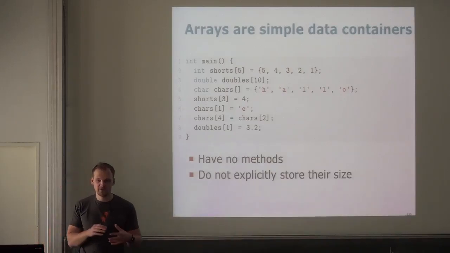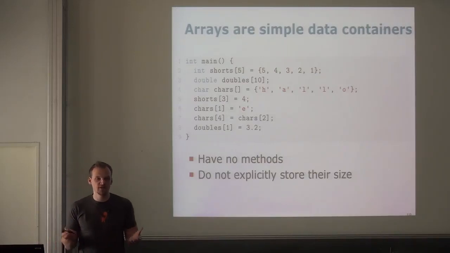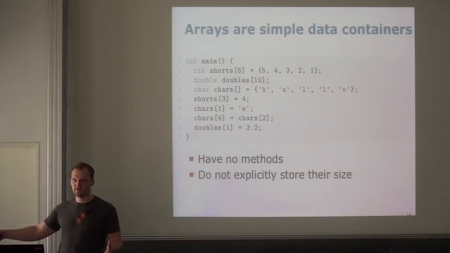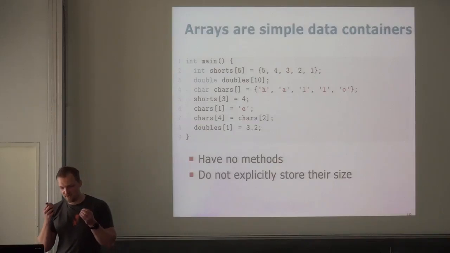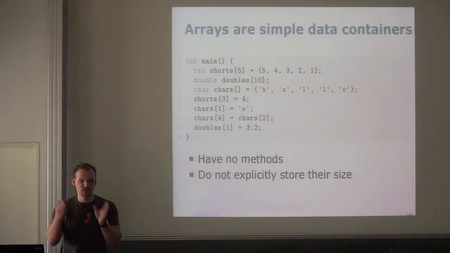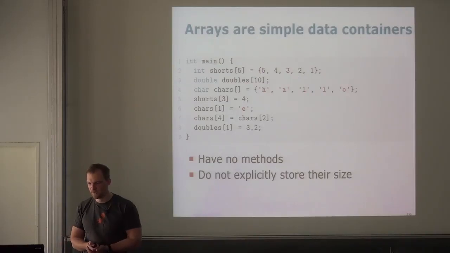If you want to pass them to a function, there is no way of knowing in the function what's the size of the array that you're passing. And you can read any memory that you want, and this is dangerous, so don't use them, but still understand that it's just some variables in a continuous memory. So it's one integer after another, after another, after another, without any gaps. That is important.